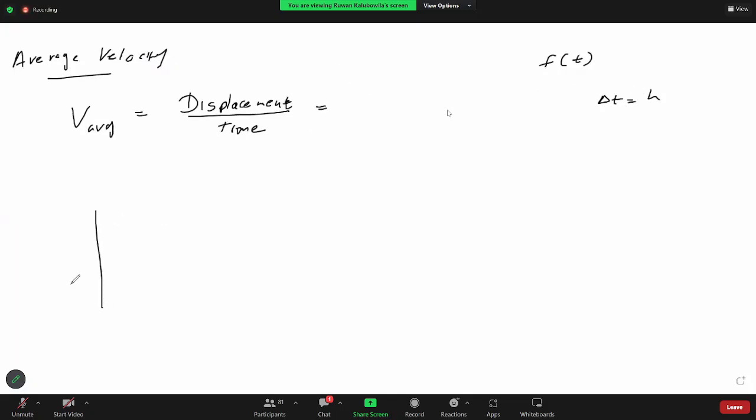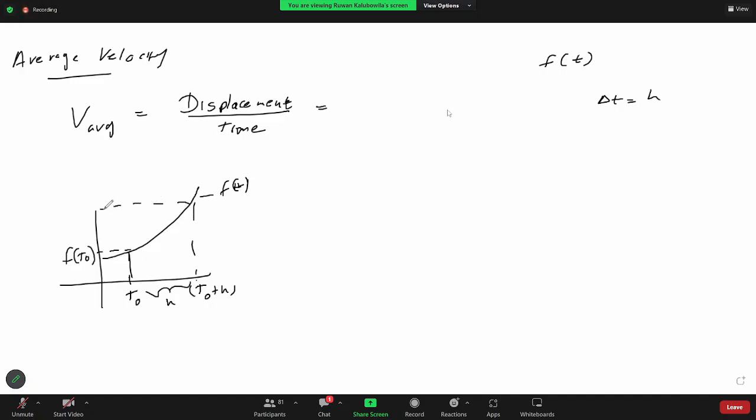I use the same letter that we used earlier, and write down the average velocity, right? So this is the function. You have a function, right? Same thing, f(t). This gives us the distance. So at the beginning you can write t0 there, and later the difference is h. So this one is t0 plus h. So you can find f(t0), the displacement at t0, and you can find the displacement at t0 plus h here.